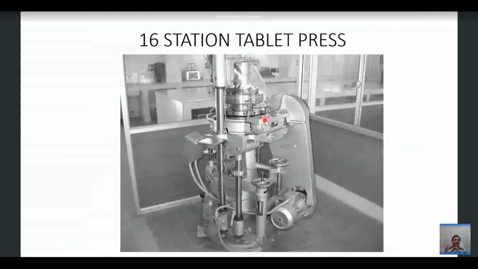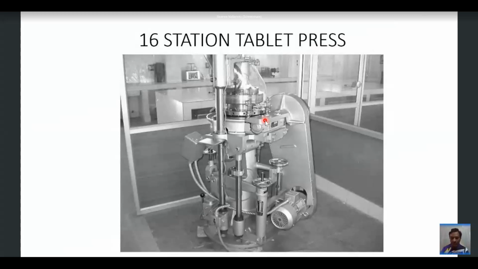You have 32 station, 42 station, and at the minimum level 8 station, 10, then 12, then 42. You have an increasing number of stations based upon the required output, and you can choose the number of stations. But the 16 station tablet machine is the most versatile one for manufacturing tablets in large quantities.